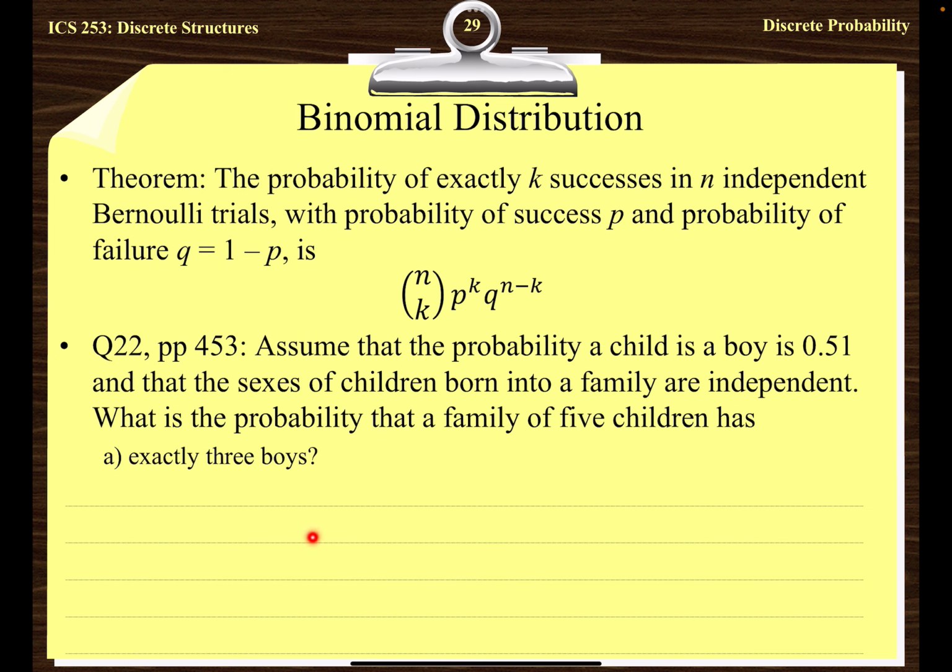Come on guys. Go ahead. N is 5. 5 choose 3 to the power 3.